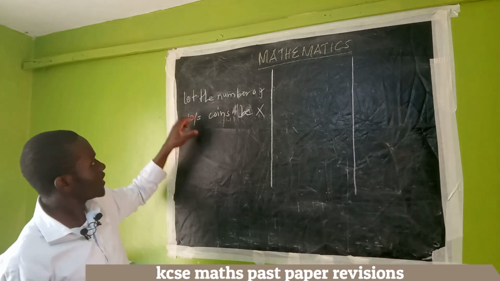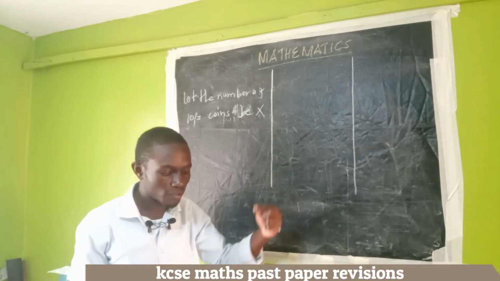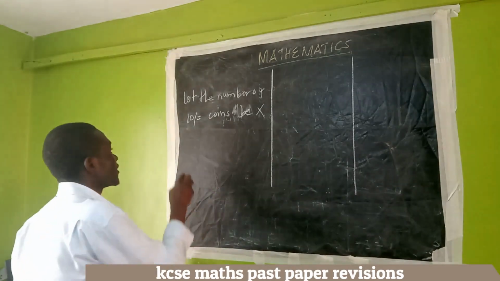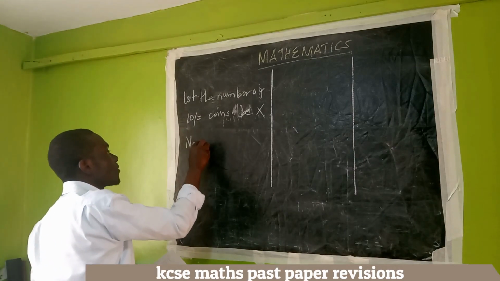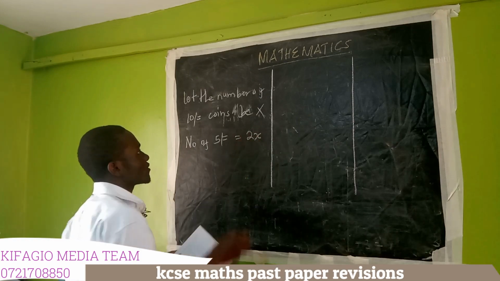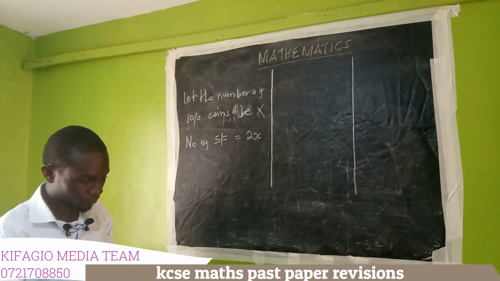And therefore, if the number of 10 shilling coins is x, and they are telling us that the number of 5 shilling coins is twice the number of 10 shilling coins, then the number of 5 shilling coins is equal to 2x, because it's twice the number of 10 shilling coins, which is x.